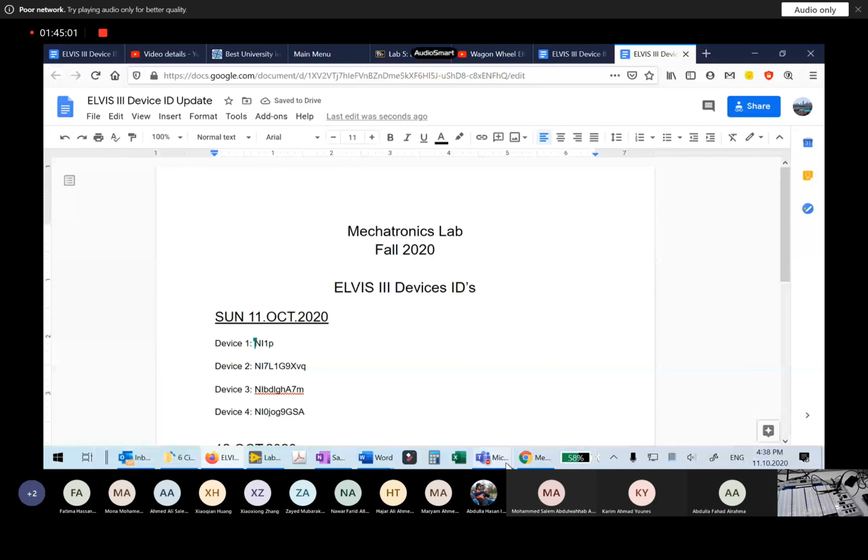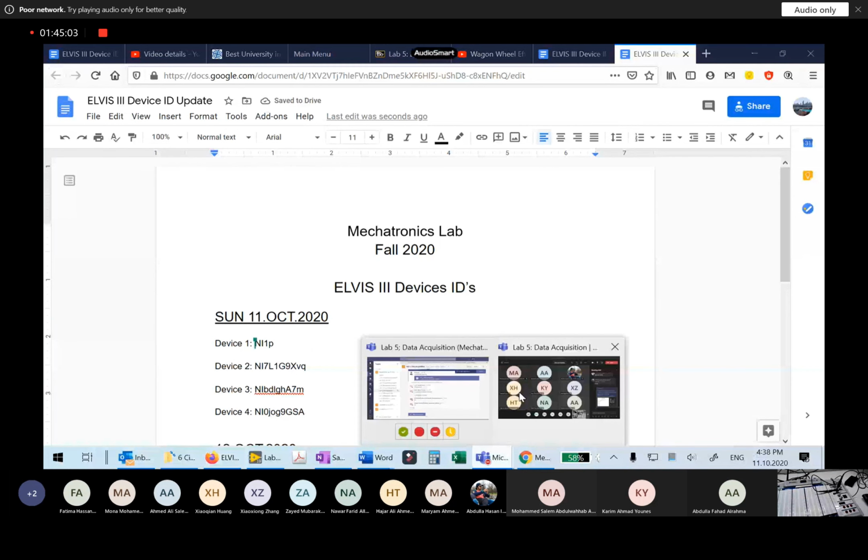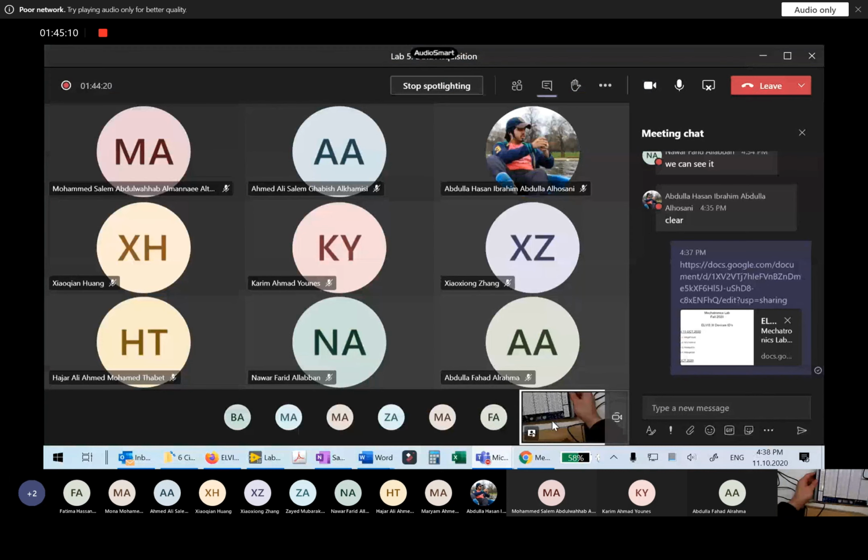How do I get these IDs? Basically, if you switch to camera, now you see in front of you, this is the board and there's a screen here. If I press a button here, the small screen will show the device ID. I'm not sure how clear that is. Let me just turn off this light here. Okay.